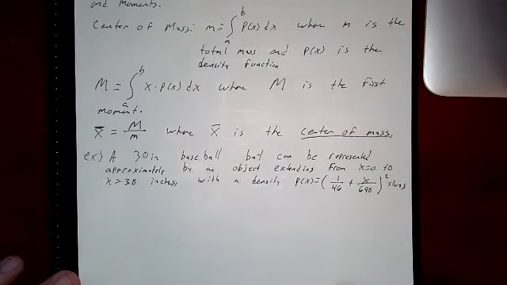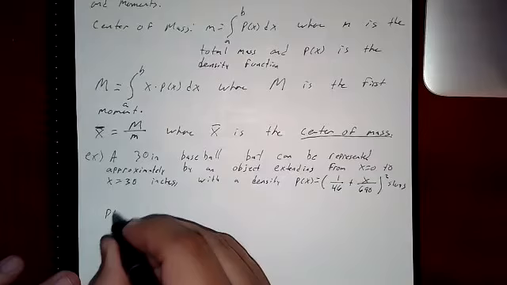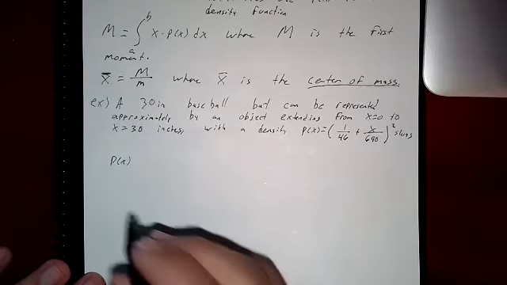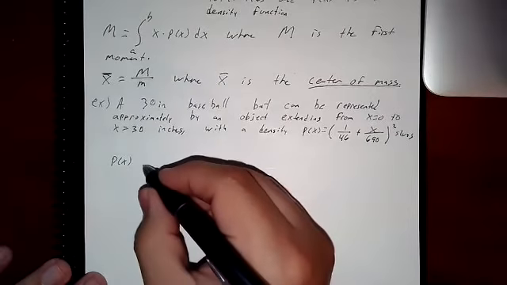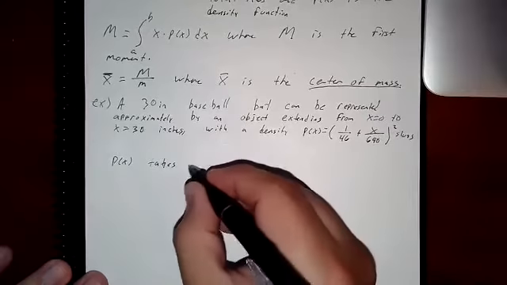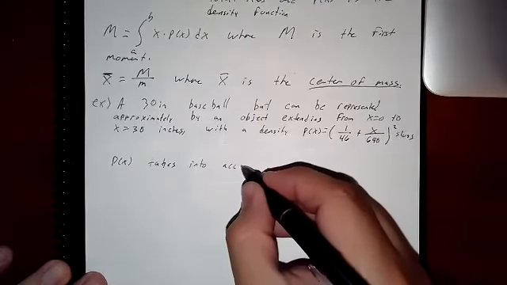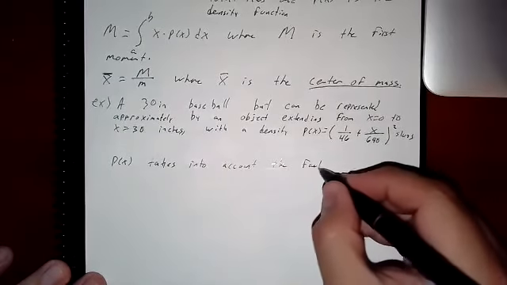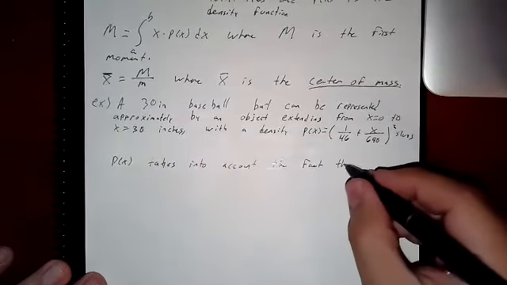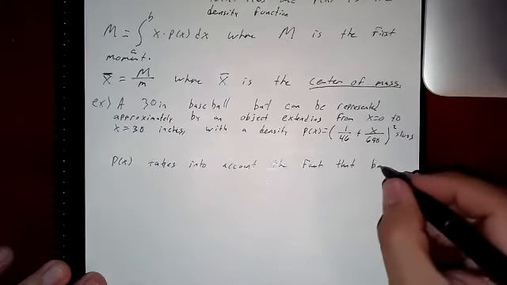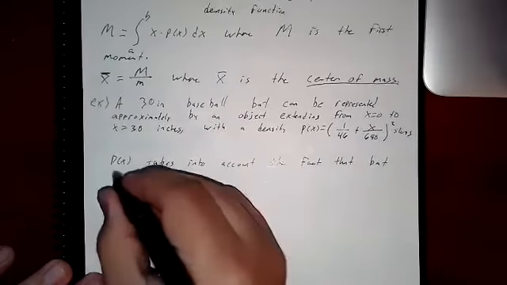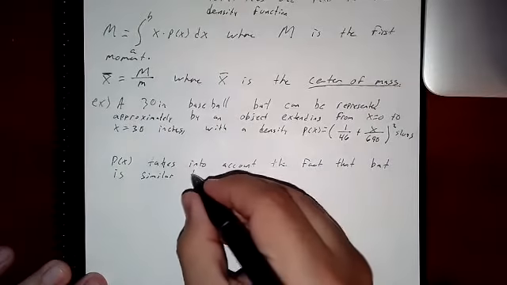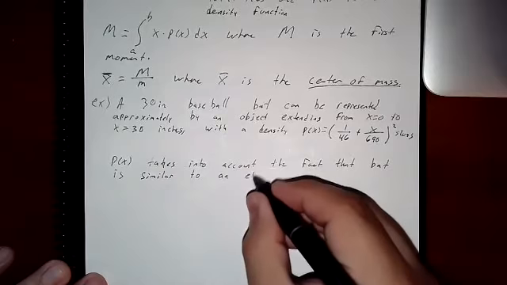All right. So p of x takes into account the fact that a baseball bat is similar to an elongated cone.